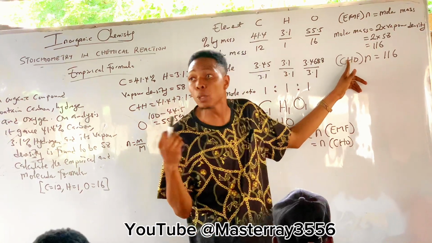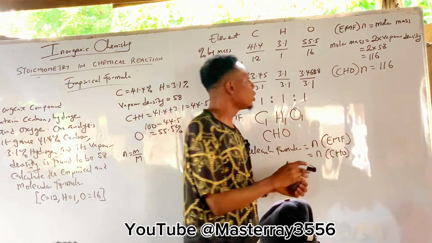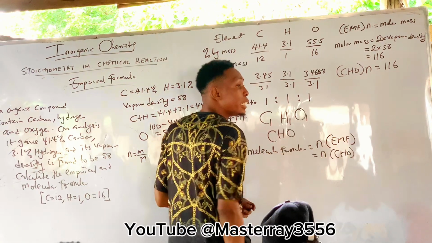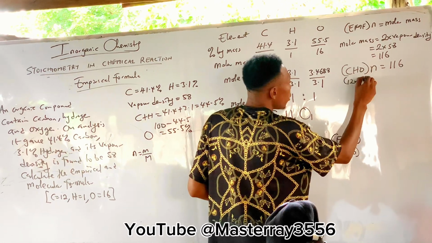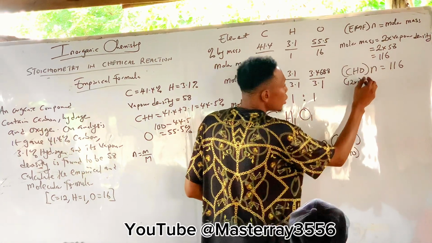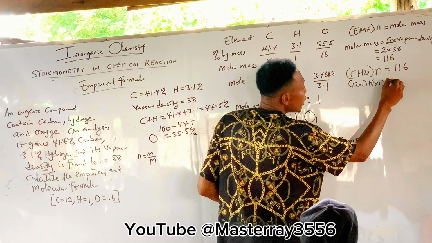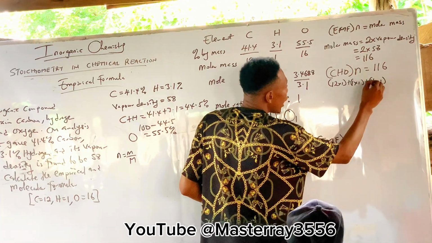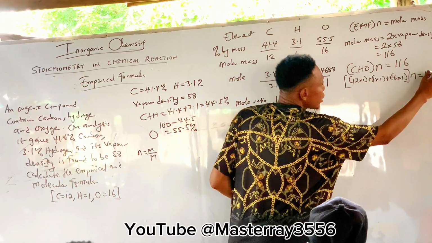Now the issue there is, I need to look for the molar mass of this compound. You already know how to look for molar mass, right? Yes. So from here, carbon is 12, that's 12 times 1, plus hydrogen, 1 times 1, then oxygen, 16 times 1. All bracket N equals 116.